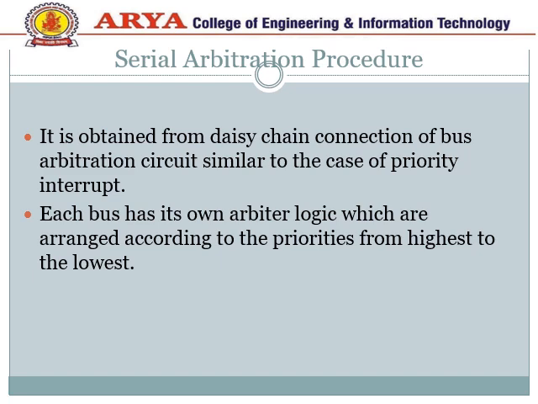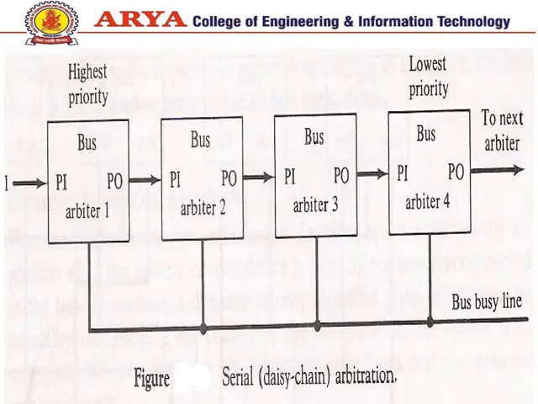Serial arbitration procedure. It is obtained from a daisy chain connection of bus arbitration circuits, similar to the case of priority interrupt. Each bus has its own arbiter logic, which are arranged according to priorities from highest to lowest. This is the diagram.